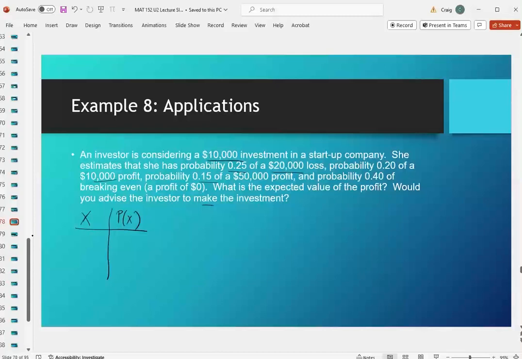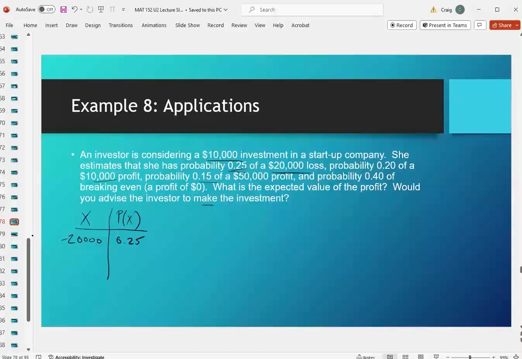Now they're going to invest $10,000, so they're going to put up $10,000 regardless. Okay, 25% probability of losing 20,000. So you put in 10 and you lose 20. Okay, so that's not the most useful outcome, right? Well, let's in this case, you would lose 20,000. And the probability is going to be 0.25.